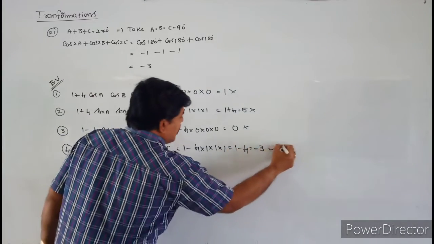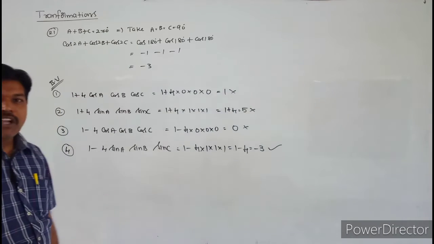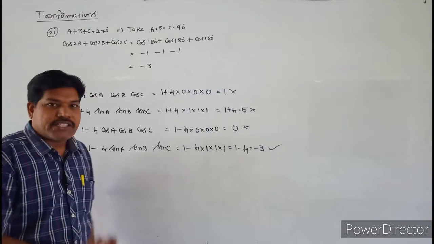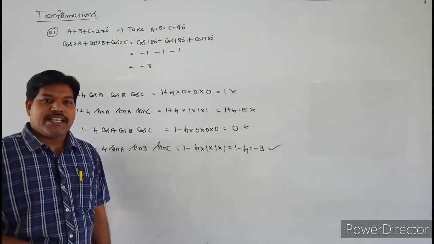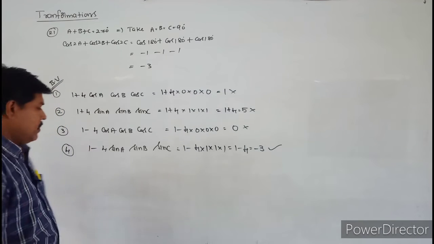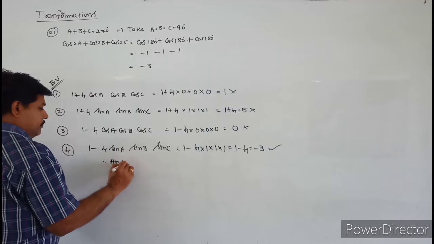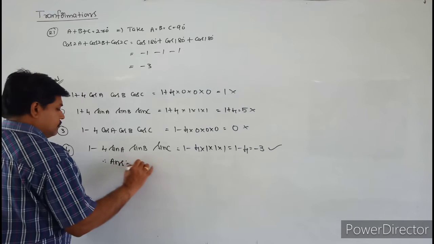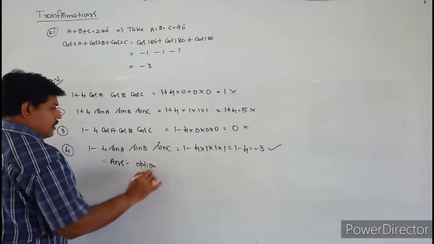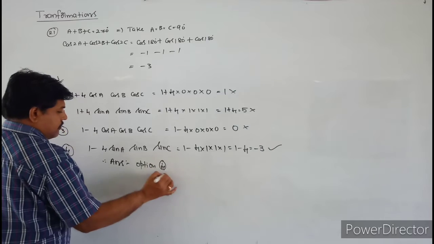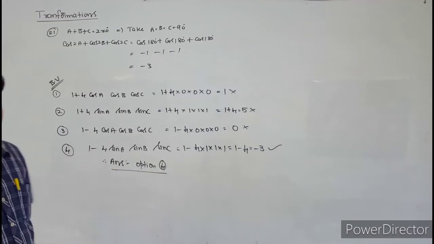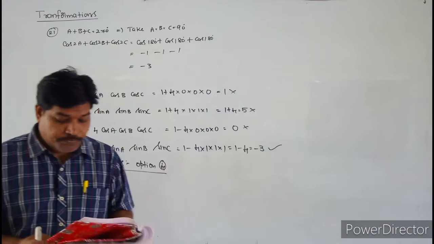So minus 3 is the answer. Do you understand that? If you practice this type of question, it will become very easy to verify the answers. So the answer is option 4. Is everything understood, students?